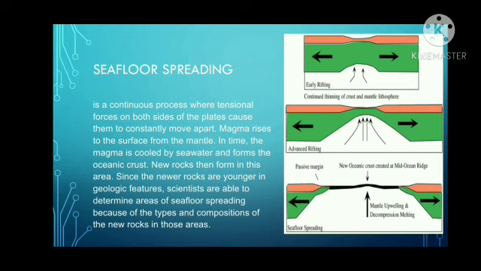When it's cooled, it forms the oceanic crust. New rocks then form in this area. Since the newer rocks are younger in geologic features, scientists are able to determine areas of seafloor spreading because of the types and composition of new rocks in those areas.